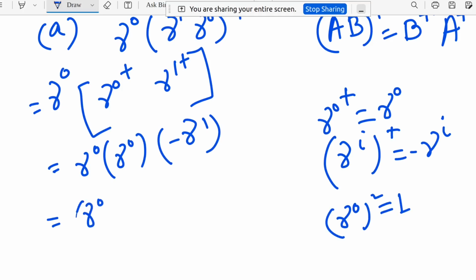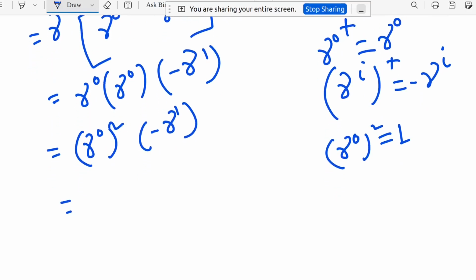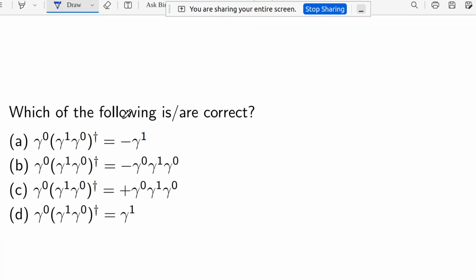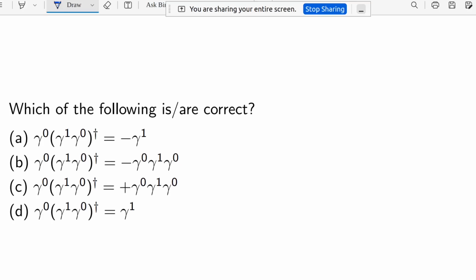So you can see here it is gamma 0 square times minus gamma 1. So the answer will be gamma 0 square is 1 and minus gamma 1. Now see the option here. Gamma 0 gamma 1 gamma 0 whole dagger will be minus gamma 1. That means it is the correct one.